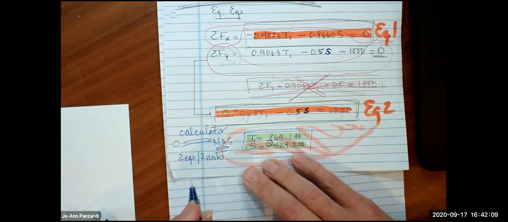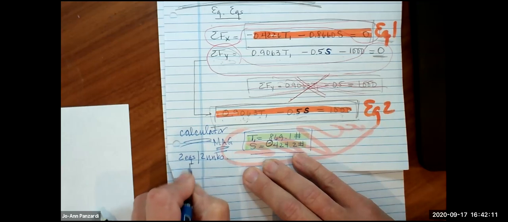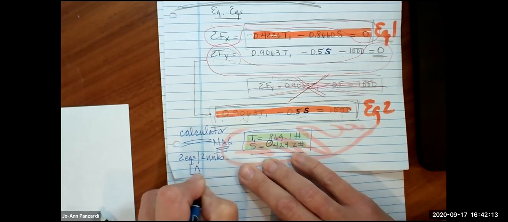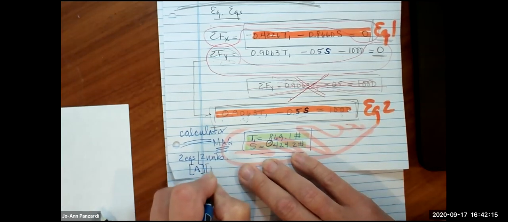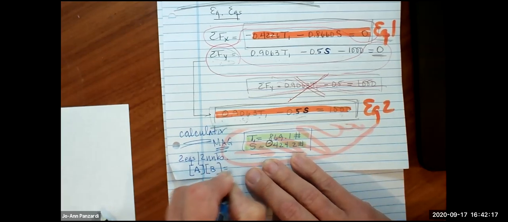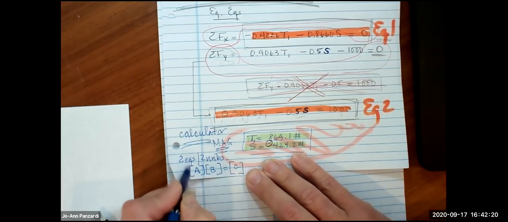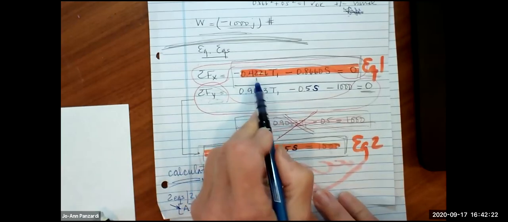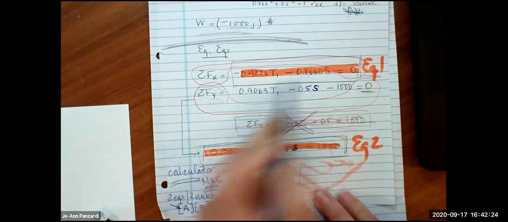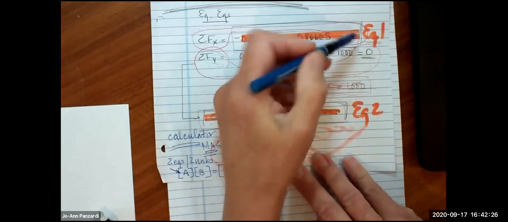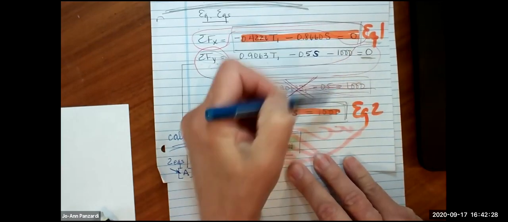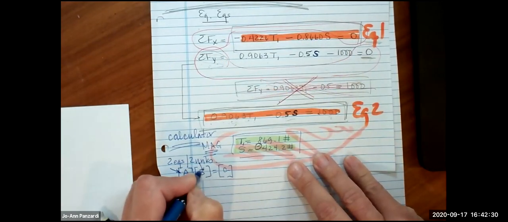Otherwise, you could set it up as a matrix, and the matrix is A times B is equal to C. And we know A because we know the coefficients of T and S, and we know C because we know the 0 and the 1000, and we solve for B.